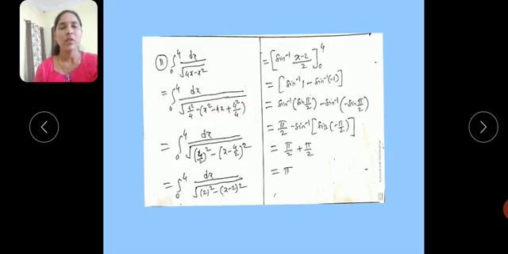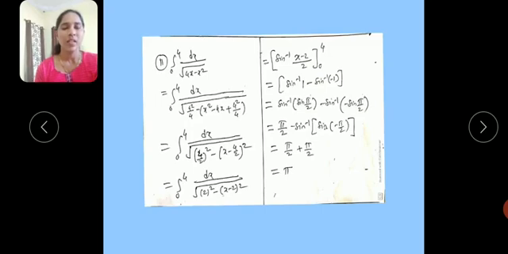Here 0 to 4 dx divided by 4 by 2 its square. 4 square divided by 4 can be written as 4 by 2 its square minus x minus 4 by 2 its square. This is equal to 0 to 4 dx divided by square root of 2 square minus x minus 2 its square.